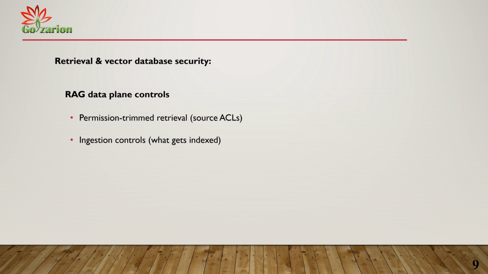What gets indexed, what gets excluded, and how sensitive content is handled before it ever reaches the vector database. Secure the vector store with encryption and RBAC, and prevent oversharing by controlling the number of retrieved chunks and applying filters. The principle here is simple. If retrieval is mis-scoped, the model can leak data without being hacked.